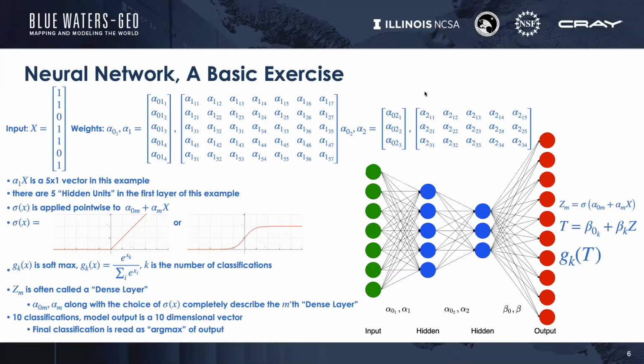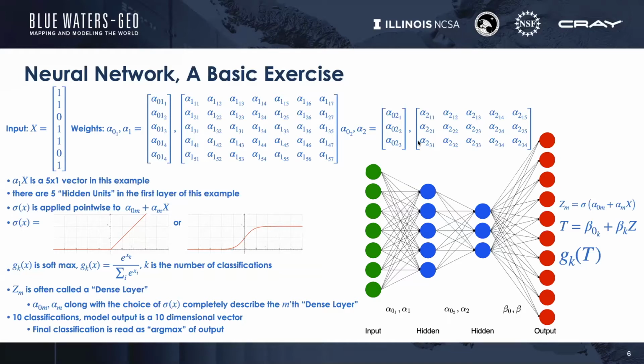In my second layer, this matrix here on the right side represents the weights that you'll combine with the output of the first layer. The first layer had an output of a 5-dimensional vector, and the second layer's input will be a 5-dimensional vector. That's why we have 5 columns here. But then I chose that there are 3 hidden units, so its output is going to be a 3-dimensional vector.